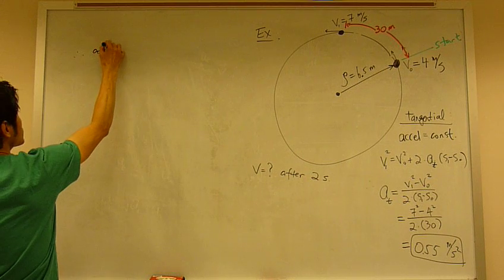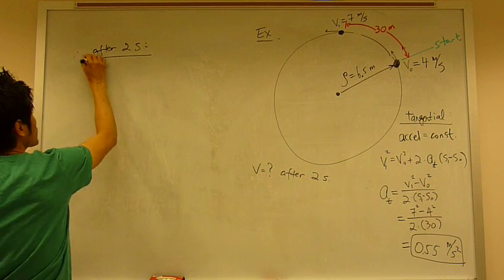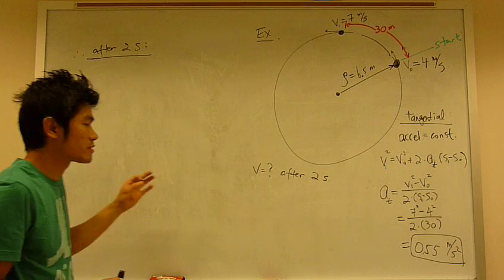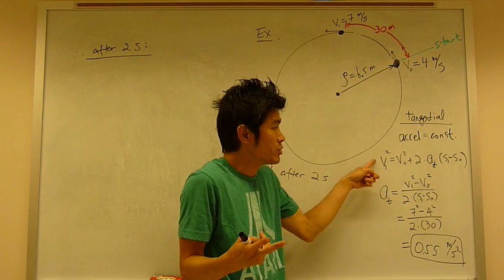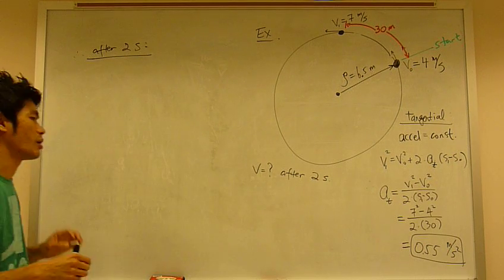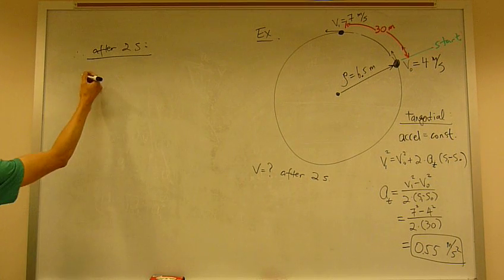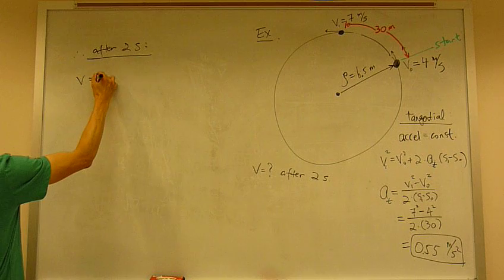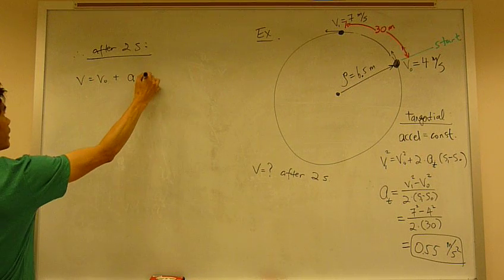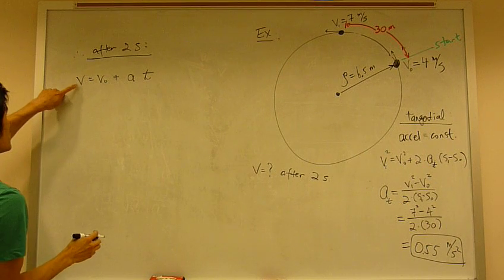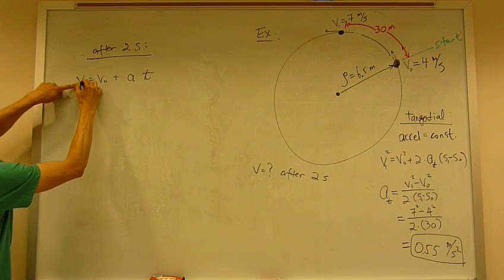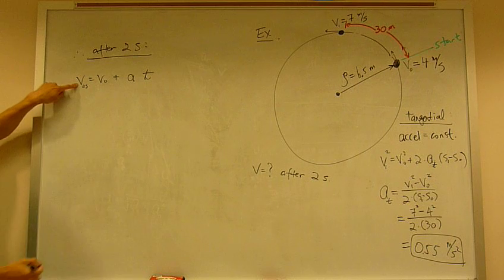So after 2 seconds, again this is constant acceleration, so we can use one of the other two equations to help us find velocity. The equation would be v equals v naught plus a t. Except now this is the final, the unknown velocity, which you write as v at 2 seconds.